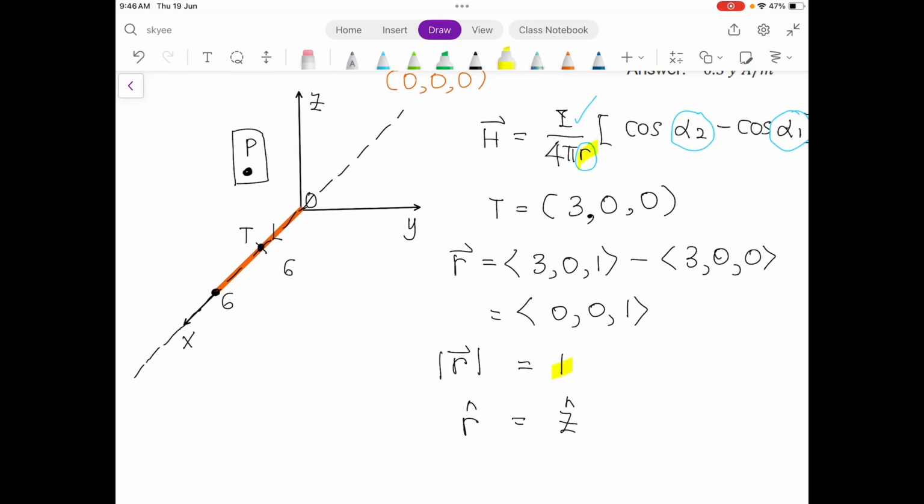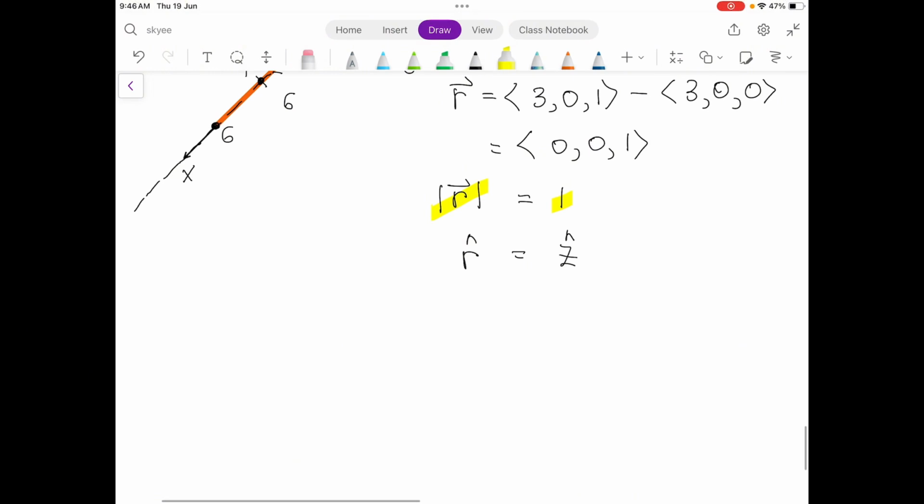Complete. Next we move on to finding the alpha 2 and alpha 1. So I will redraw my current filament, and then I will draw another axis.